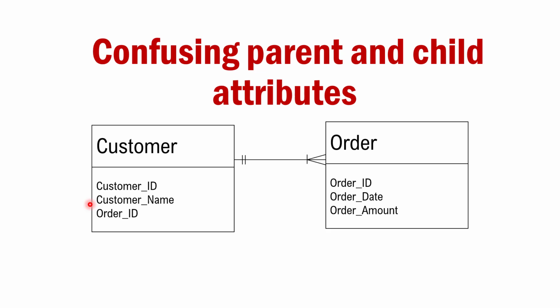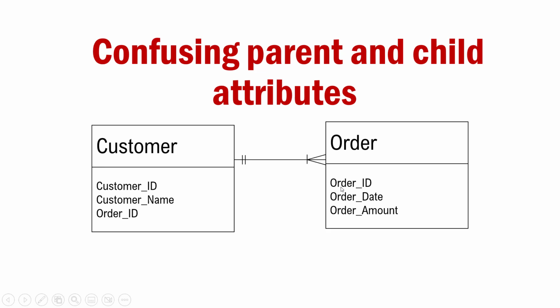And that doesn't make sense, and that's wrong. Because if a customer can place multiple orders, then how can any specific order be a characteristic of a customer? And this is just one attribute, but my customer can have multiple orders.